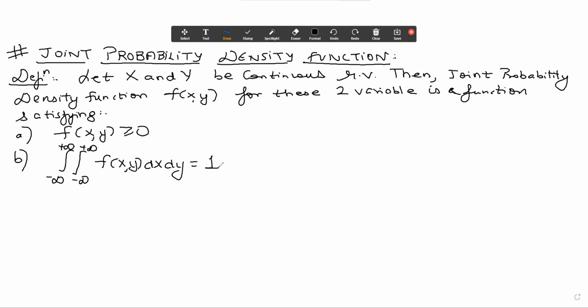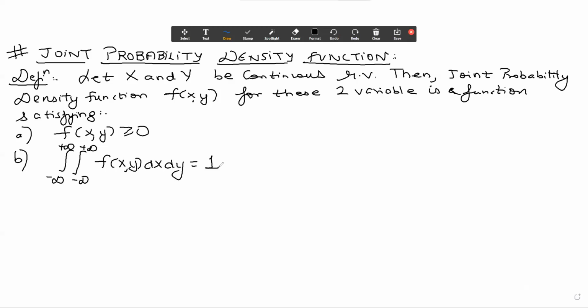The second property is integral from minus infinity to plus infinity, again second integral from minus infinity to plus infinity, f of xy dx dy is equal to 1. That means the area under the curve f of xy is exactly equal to 1. We are using double integration because now we have two random variables.